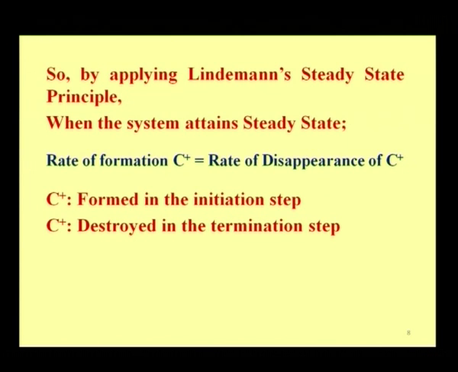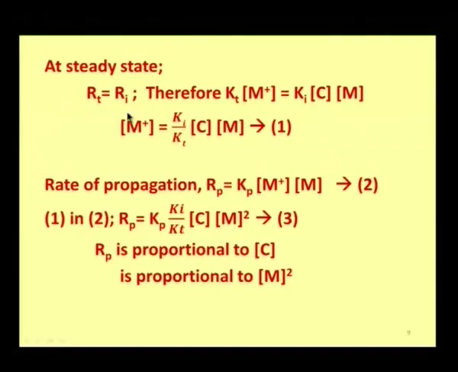When we equate the rate of formation to the rate of disappearance of the carbocation, which is either formed in the initiation step or destroyed in the termination step, then for the steady state Rt is equal to Ri.